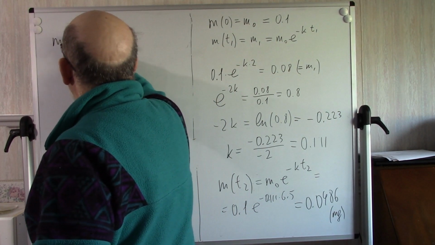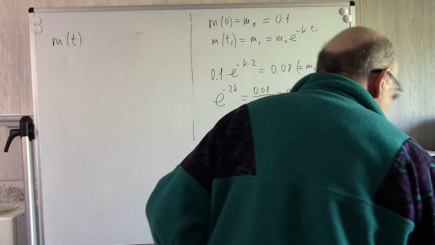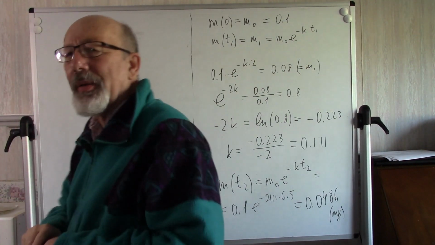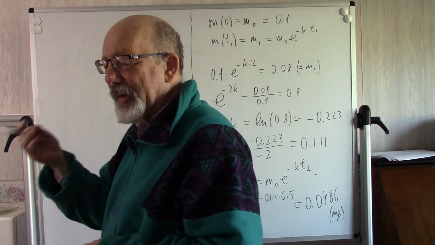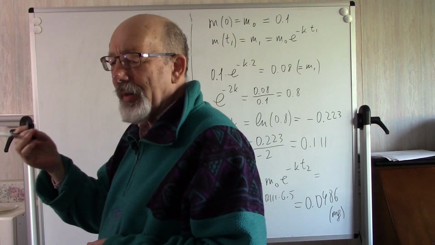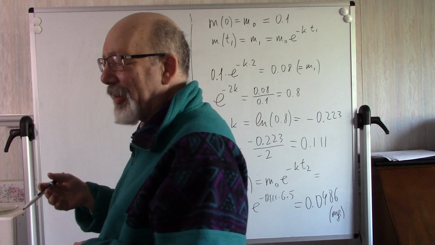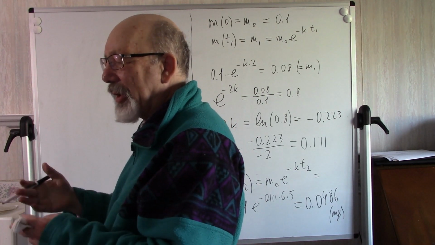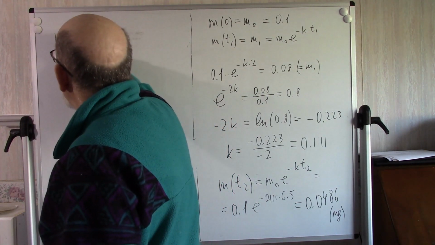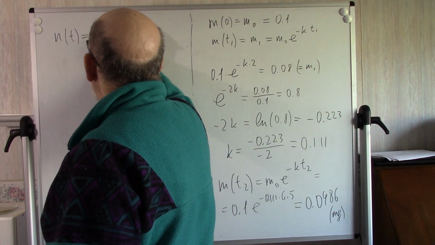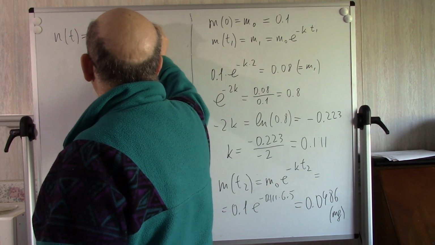Let me write down N of t, because N, the number of the atoms, is the primary variable. Mass is just proportional to it. So N of t equals N0 e to the minus kt.